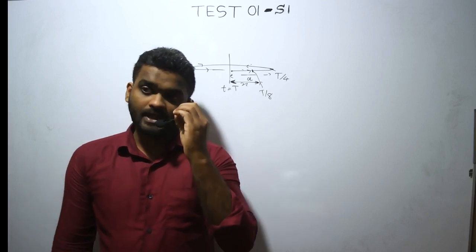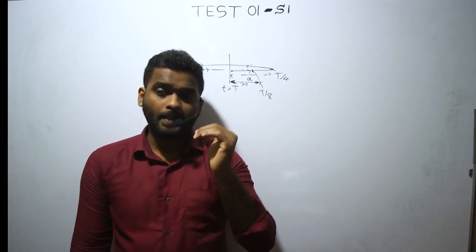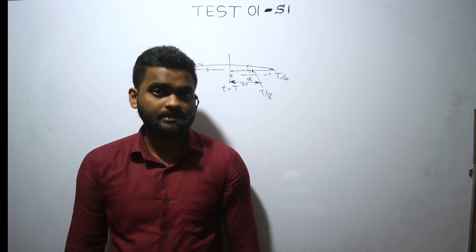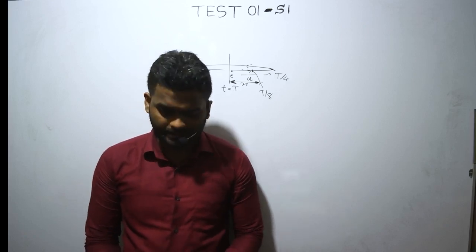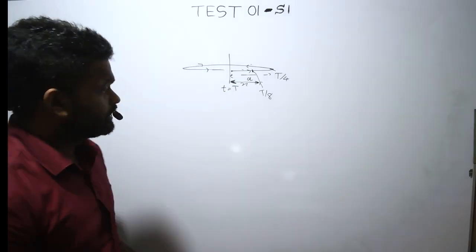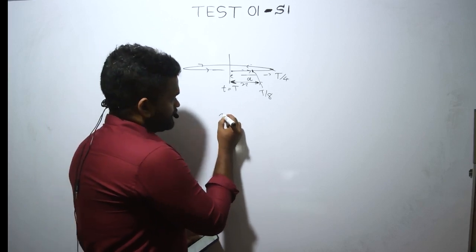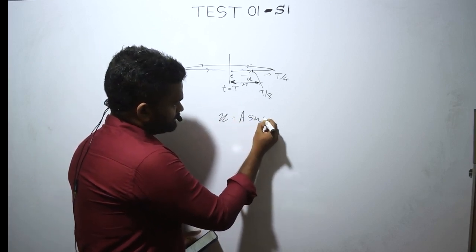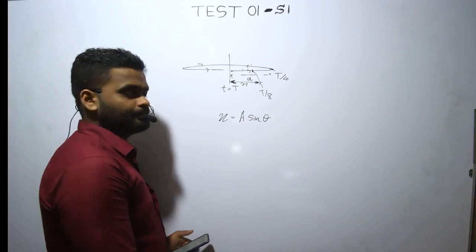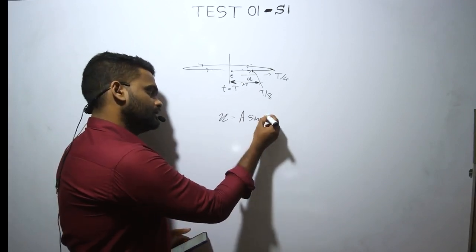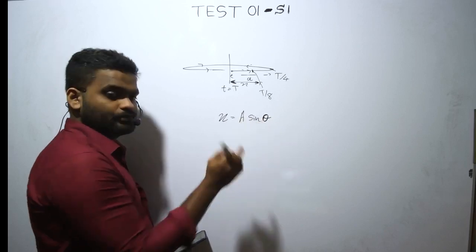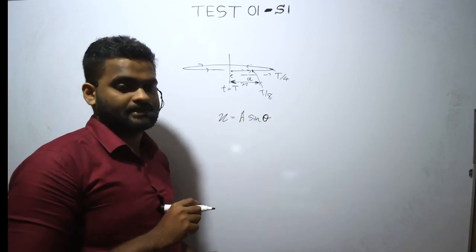So we have a set of new equations designed for simple harmonic motion. You have learned them under theories, right? This equation, x equals amplitude times sine theta, is the equation we use to find the displacement.